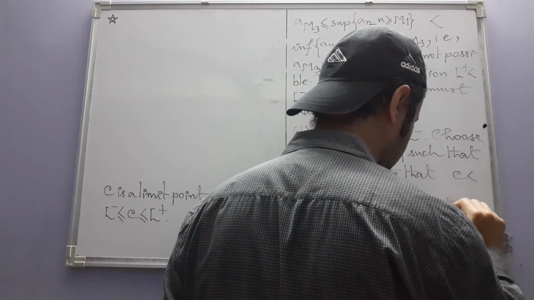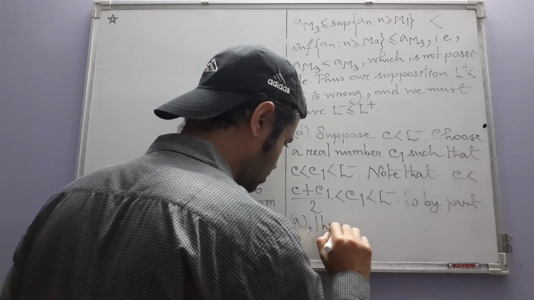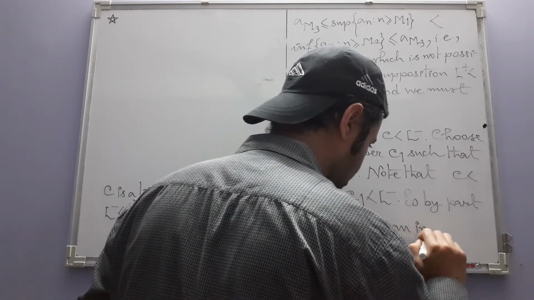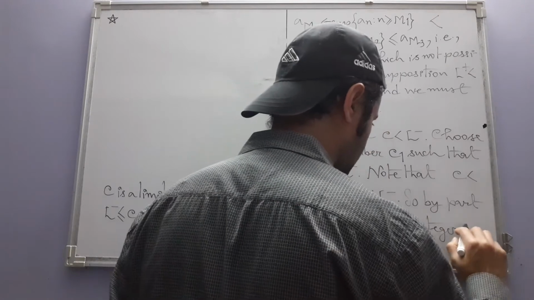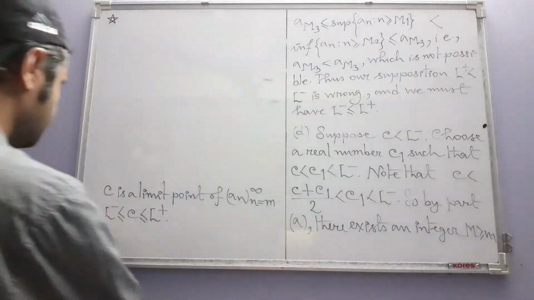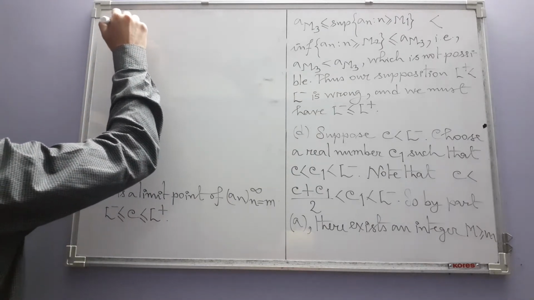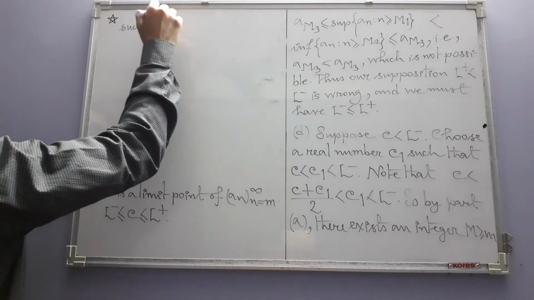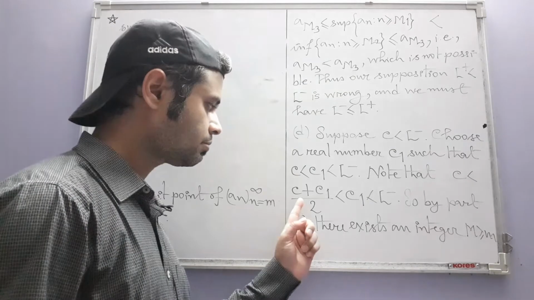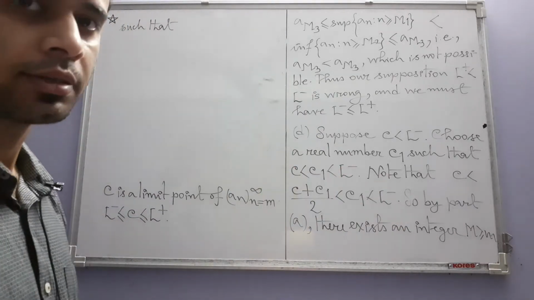So by part A, there exists an integer, say n, greater than or equal to m, let's keep this for the moment, such that all the terms of the sequence are going to exceed this number starting from that stage.